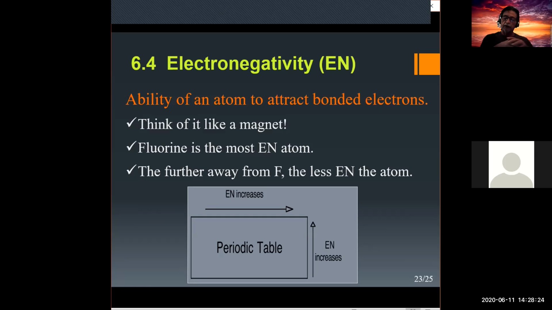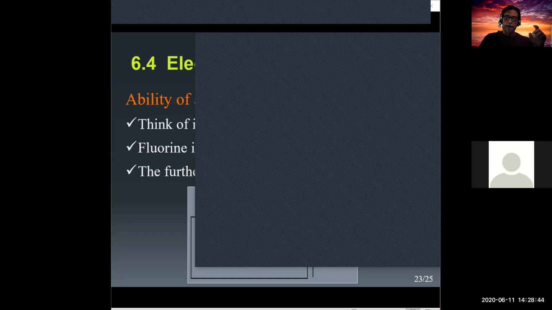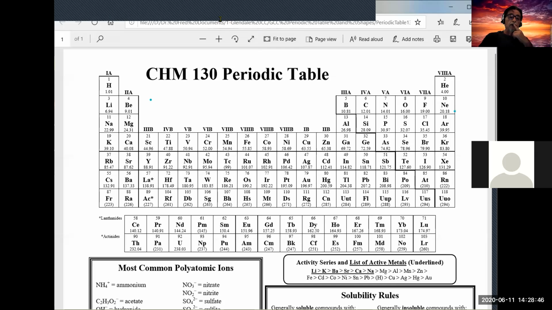Now, every element has an electronegativity value. We're not asking you to memorize all the values. All you've got to remember is one thing: fluorine. Fluorine is the most electronegative element there is.